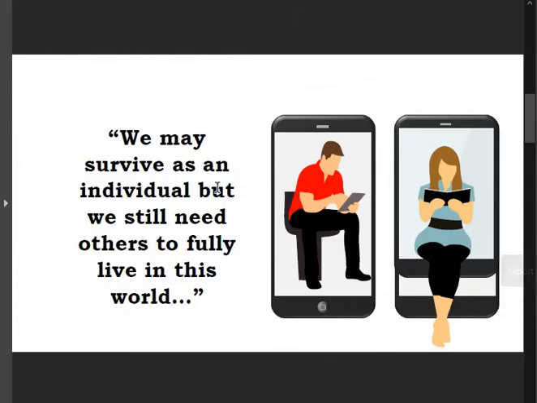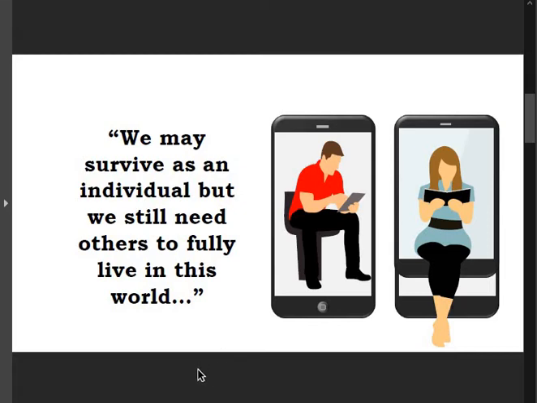Okay, so of course here, nobody owns this quote, I just put it there. So we may survive as an individual, but we still need others to fully live in this world. In order for us to seize the day, we have to at least form a connection with others.